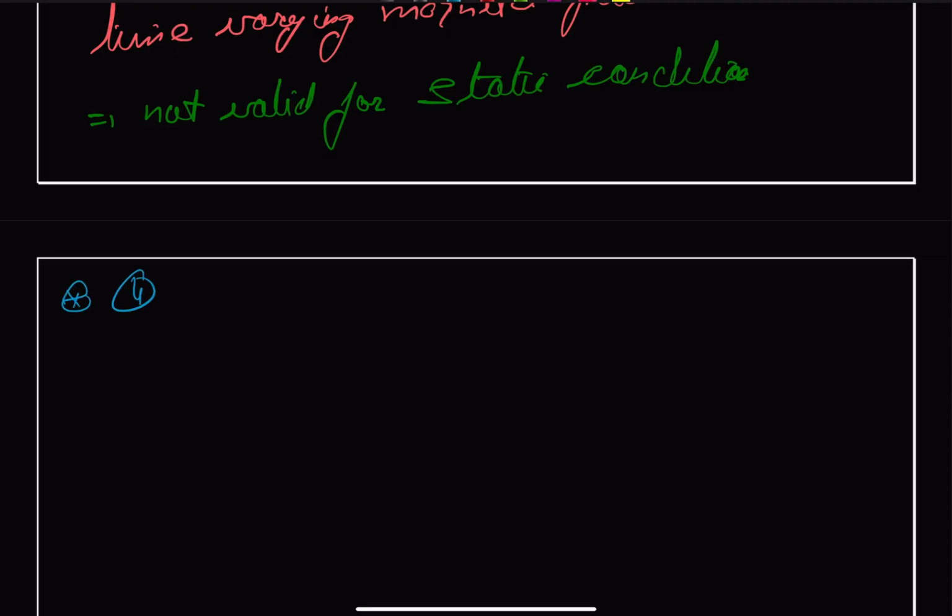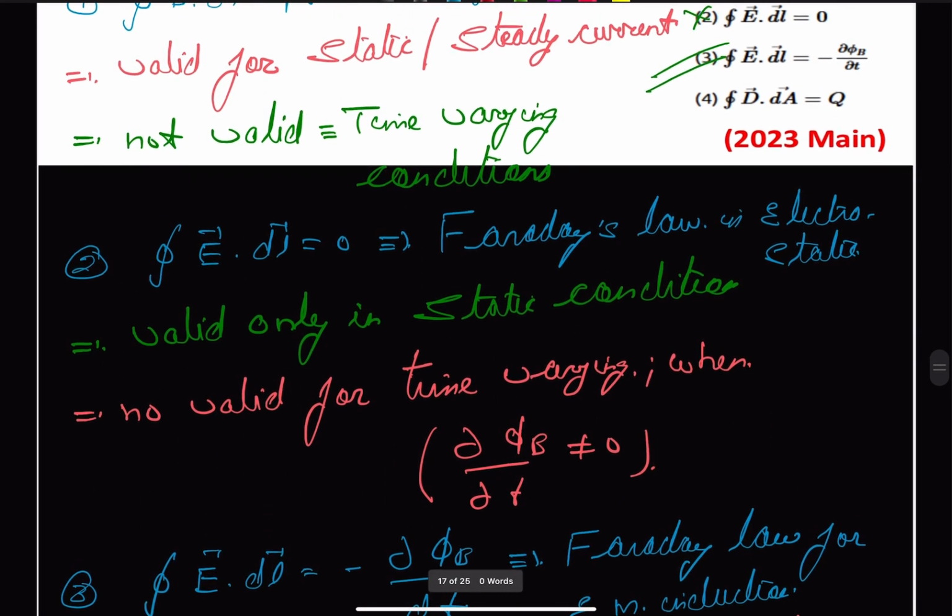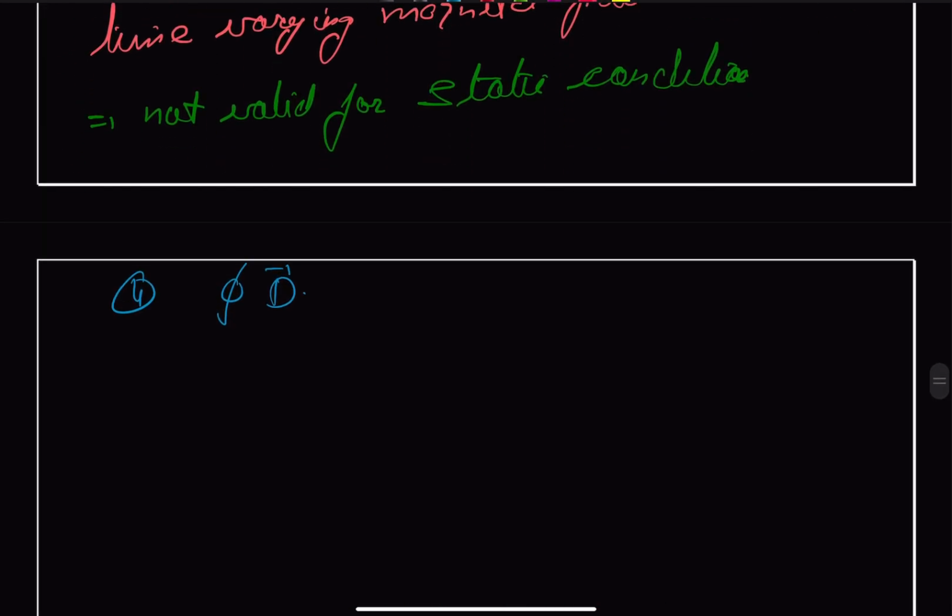Option 4 gives us that for a closed integral, D dot dA is equal to the charge, and this is nothing but Gauss's law for electric fields.